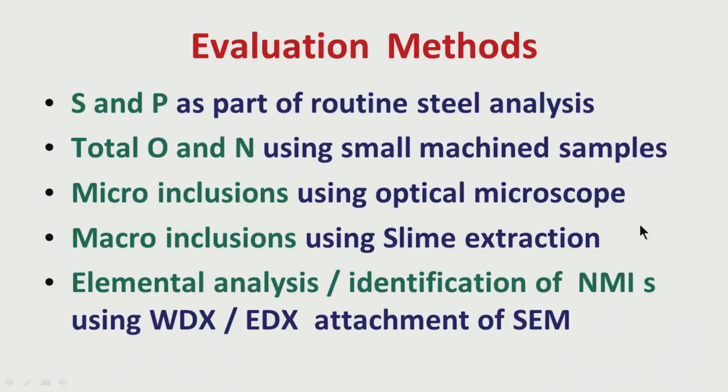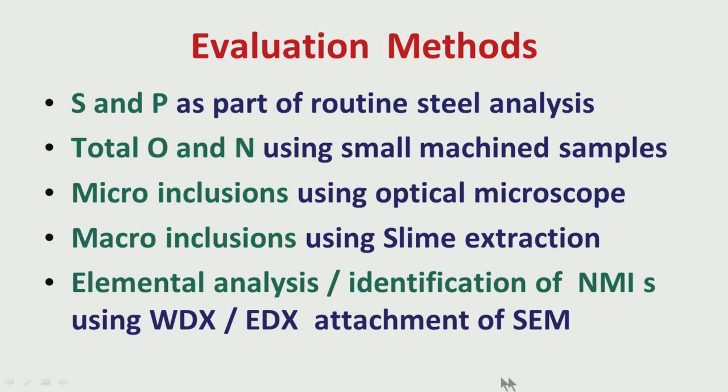I have also mentioned micro inclusions and macro inclusions, how they can be evaluated, but these are time taking. So, okay, these are good for post-mortem analysis, but do not really help for making a quick decision on the quality of steel, a quick decision on the disposition of the cast steel for further processing.